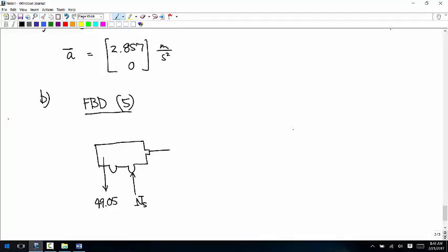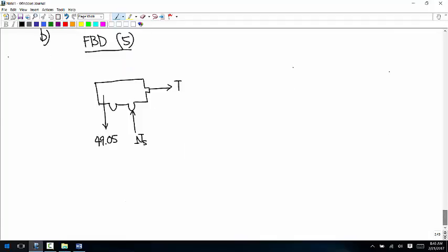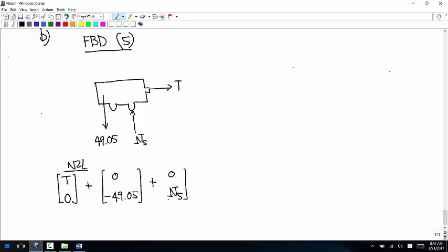You have the pulling force straight out of the stump with a magnitude T. Newton's second law says T, 0, plus 0, negative 49.05, plus 0, positive N5 is equal to the mass of what we're isolating.